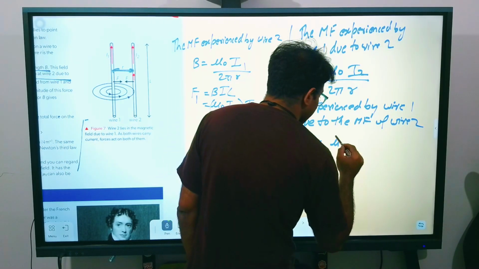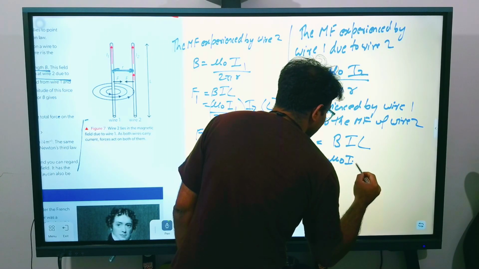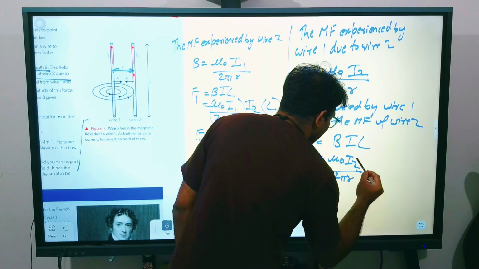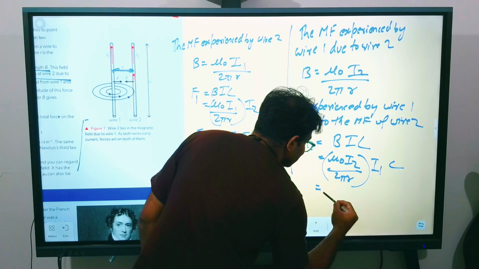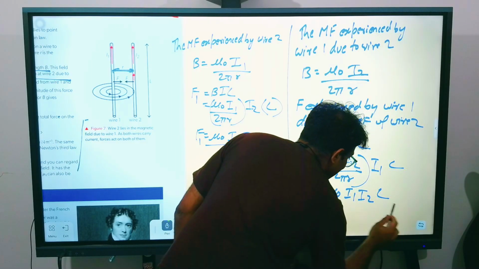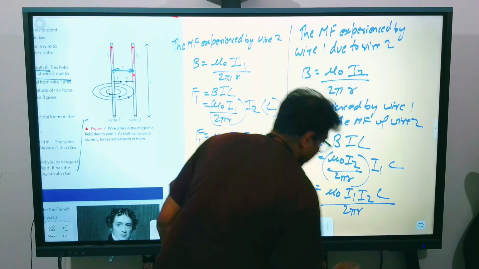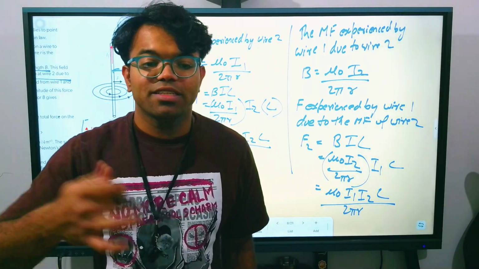B, again BIL: mu naught I2 upon 2 pi r. Current in wire 1 is I1 multiplied by L, which is equal to mu naught I1 I2 L upon 2 pi r. Both the forces are the same, but the direction is opposite.